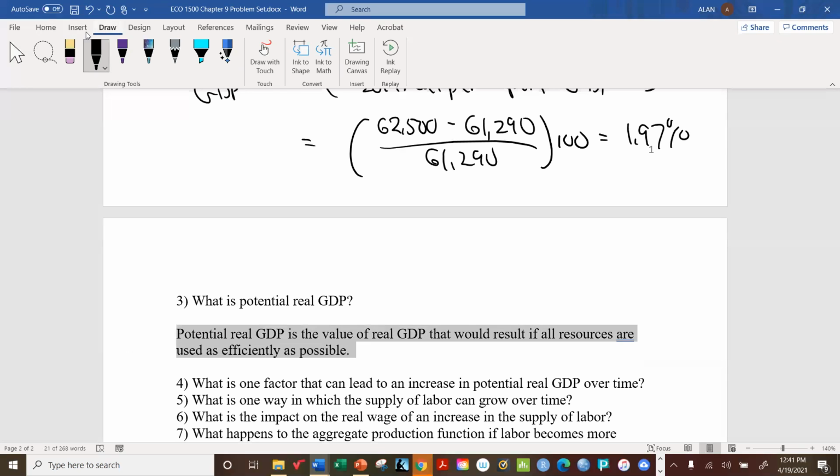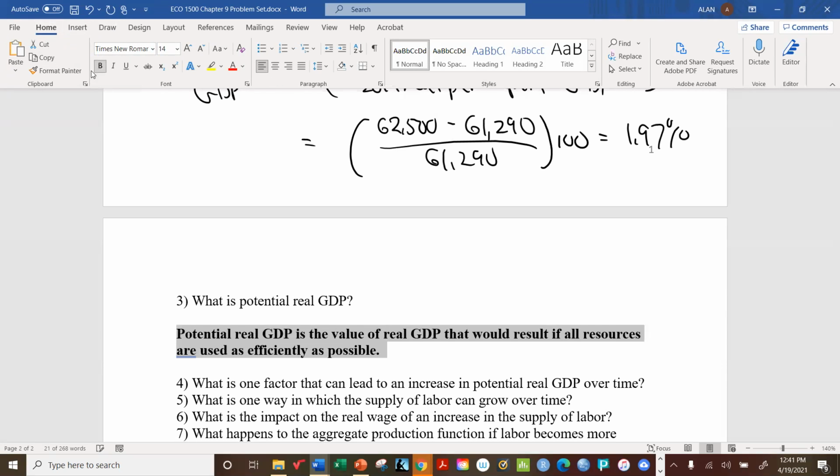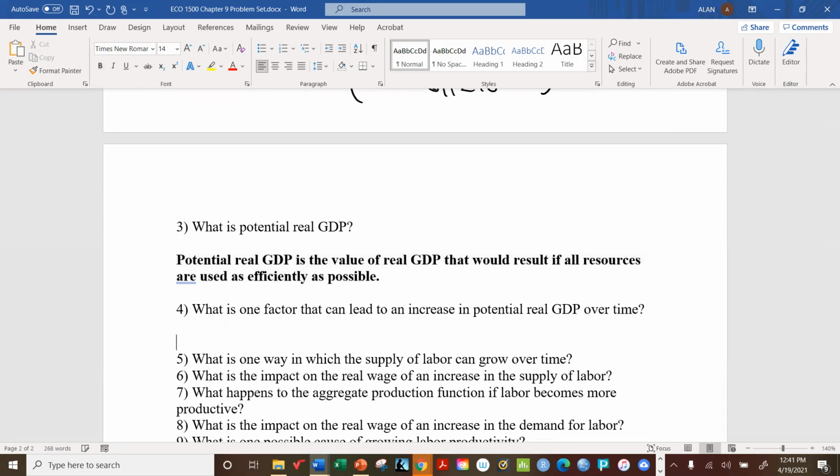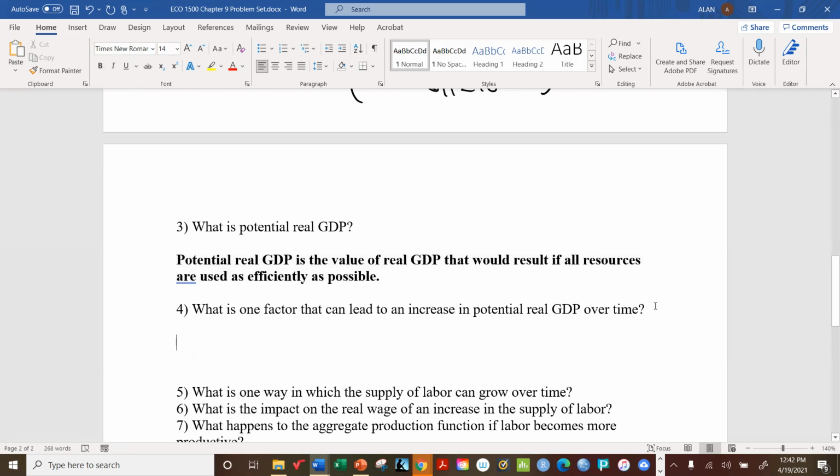So in practice, that's what they're looking for. What could we do? What is possible, given the resources and technology that we have at the moment? What's the limit we could reach? And that's, of course, what we should be striving for. But of course, it doesn't always work out that way.